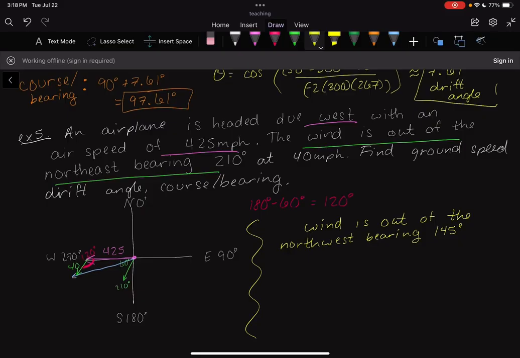It doesn't have to be one of the known angles that you know about. So 145 for this situation.